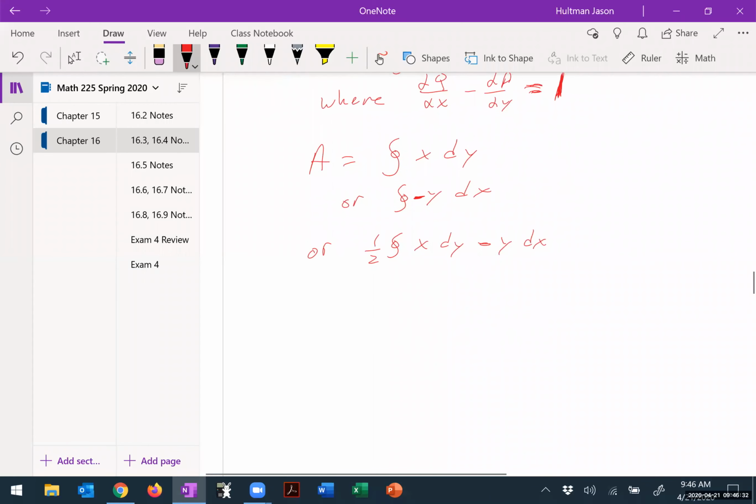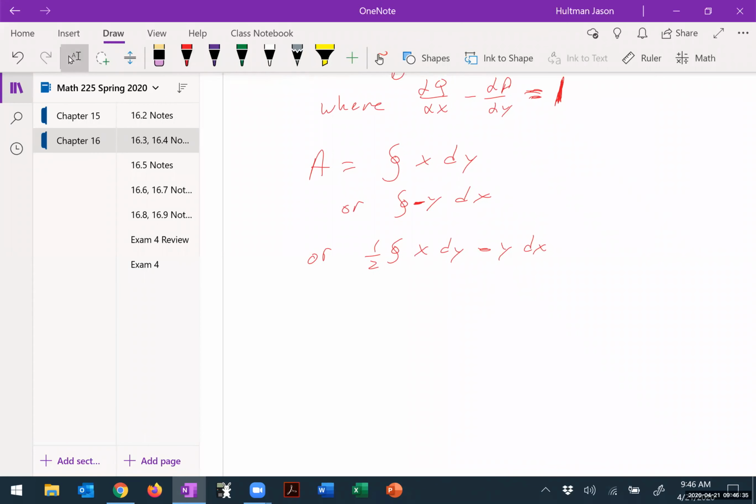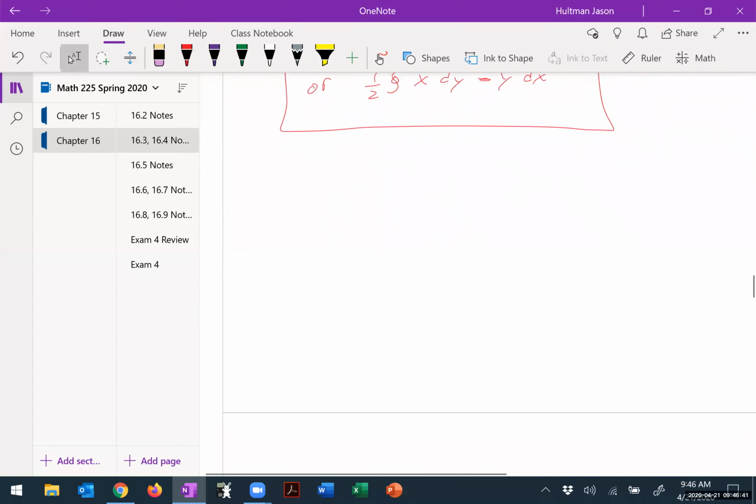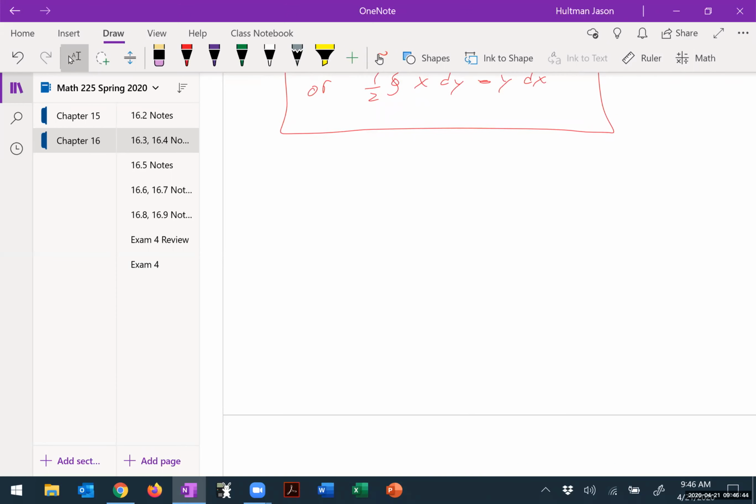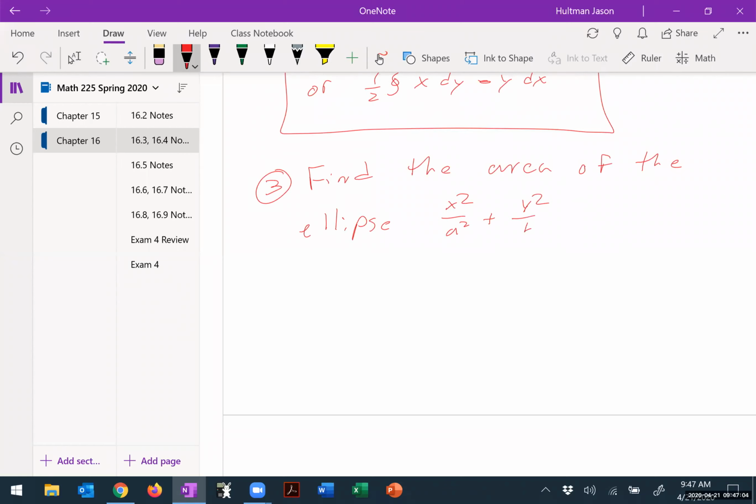Okay, so we're going to use this to our advantage in the last problem here. So we want to find the area of the ellipse x squared over a squared plus y squared over b squared equals 1.